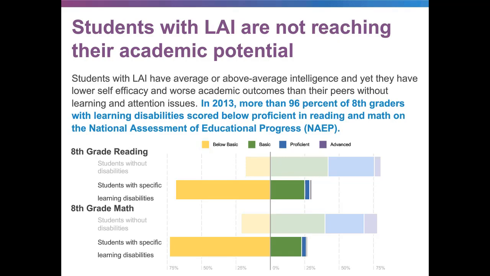C, 25% of students identified with specific learning disabilities drop out of college. Or D, watching too much TV can cause a learning disability. So which of those is a fact? Don't forget to hit submit. Students identified with specific learning disabilities dropping out of high school twice as often as other students is what everybody who took the poll thinks is a fact.